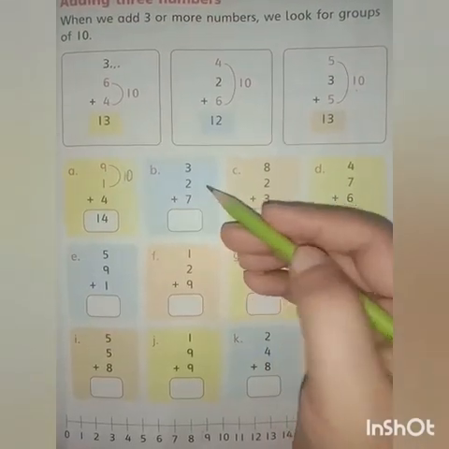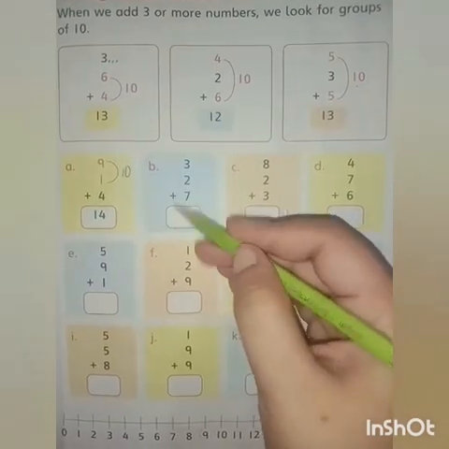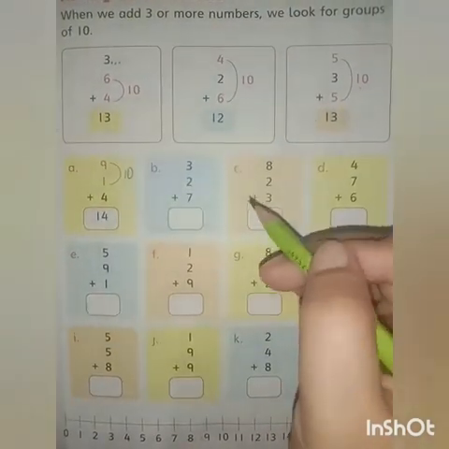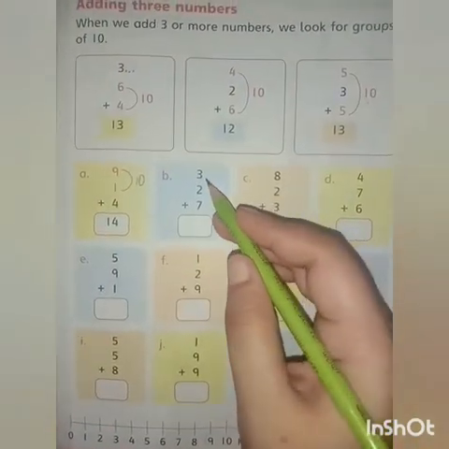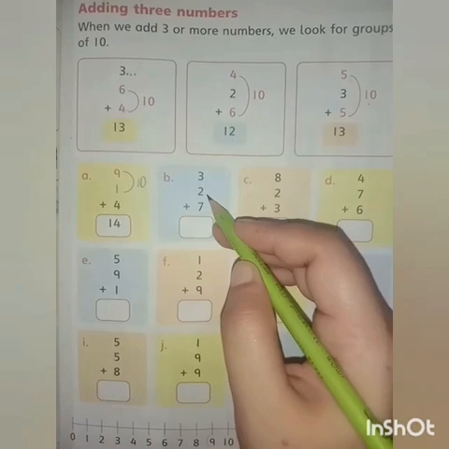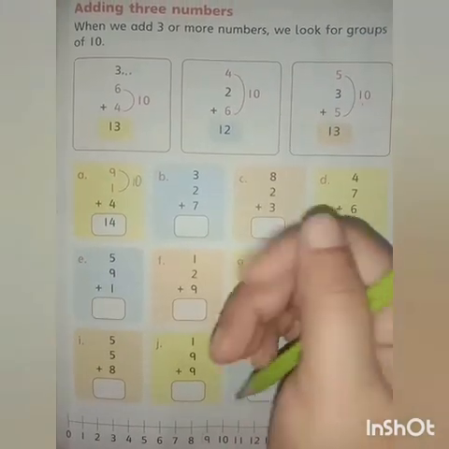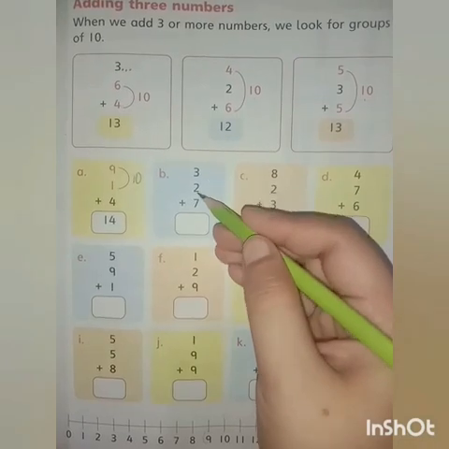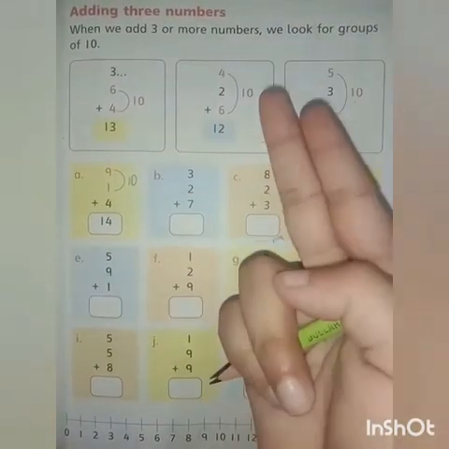Point B. Here we have 3, 2, 7. We have to add them, but after finding the group of 10. Now students, if we add 3 and 2, is it the group of 10? 3 is bigger, we have to add 2 more to 3. 3, 4 and 5.